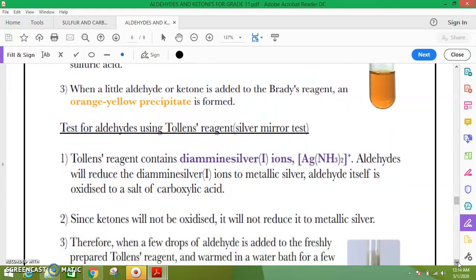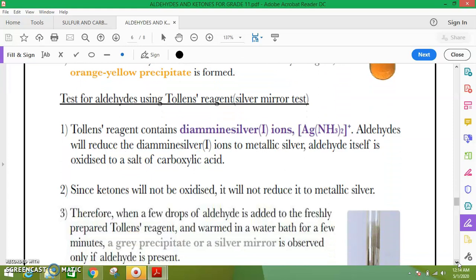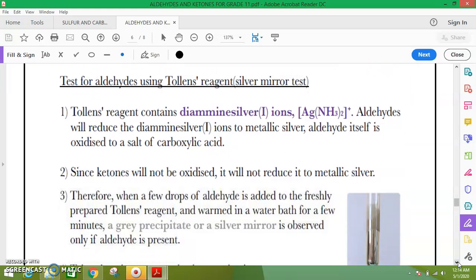Now, the second one, the test for aldehyde only, not for ketone, using Tollens reagent, which we also call the silver mirror test. Tollens is the name of the scientist. This Tollens reagent, or silver mirror test, is used to detect the presence of aldehyde.